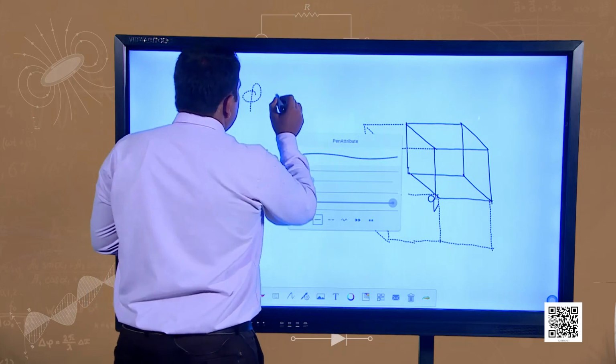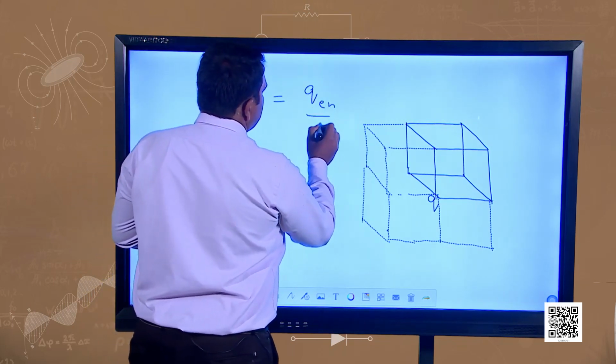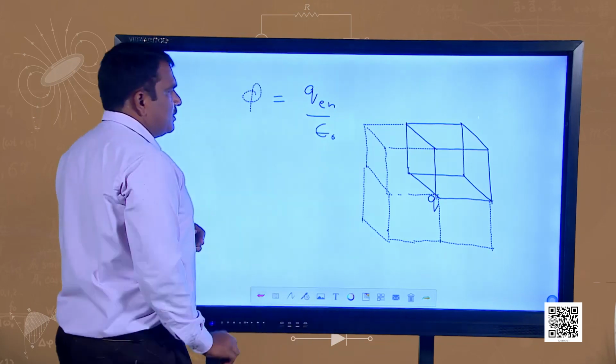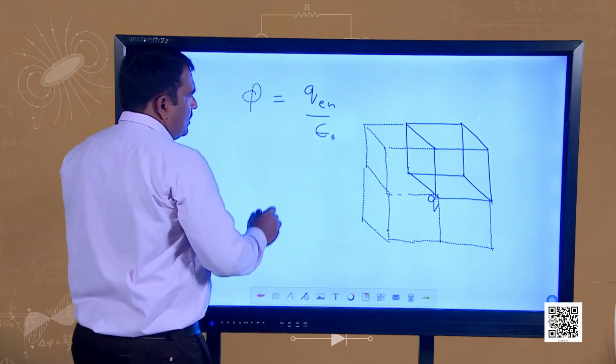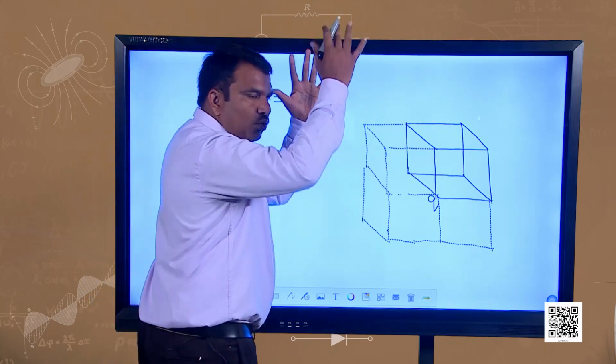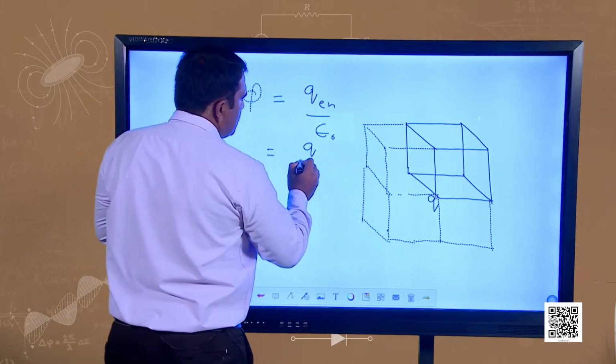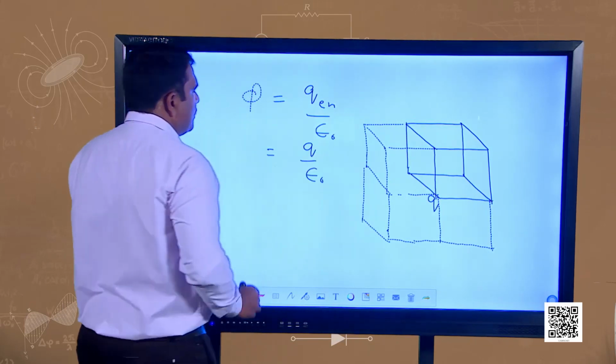equal to the amount of charge enclosed divided by epsilon naught. This is the total flux passing through the whole big cube, and the amount of charge enclosed is the charge q, divided by epsilon naught.